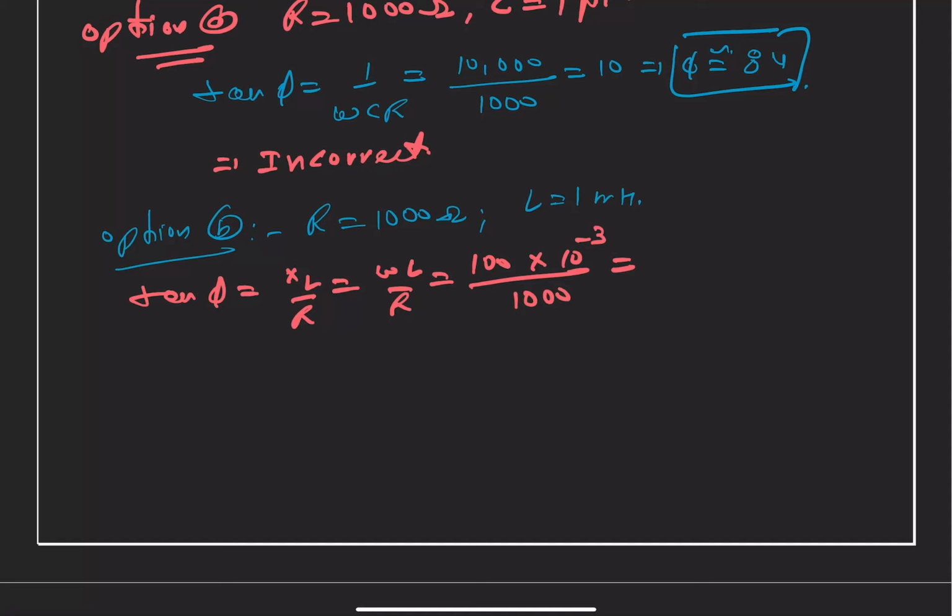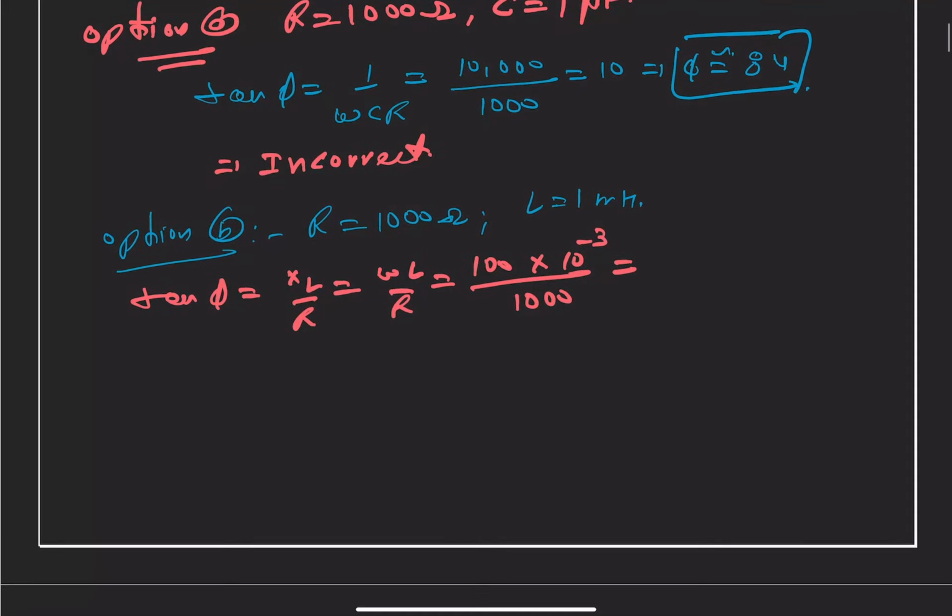So we get this as 0.001. Therefore, phi will be approximately equal to 0.0057. So this option is also incorrect.